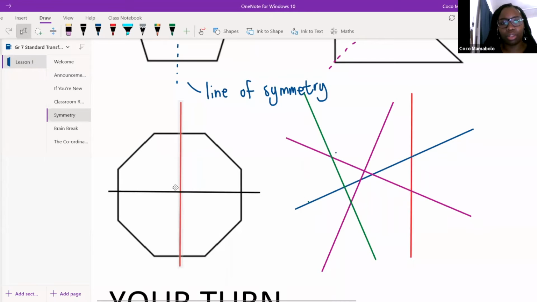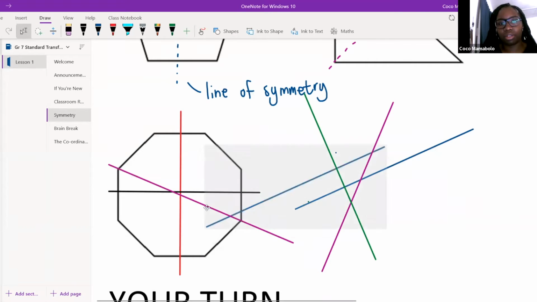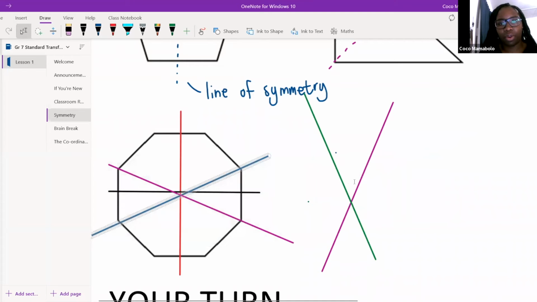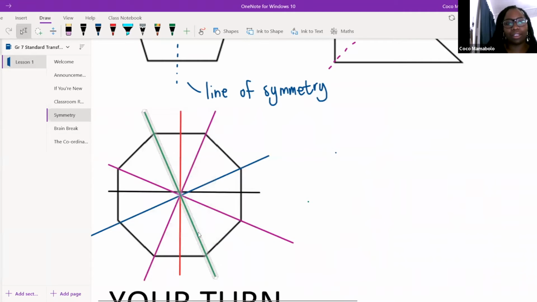1, 2. This one goes through there. 3, 4, 5, 6, and then I definitely missed 2 because there should be one through here, 7, and another one through here, 8.